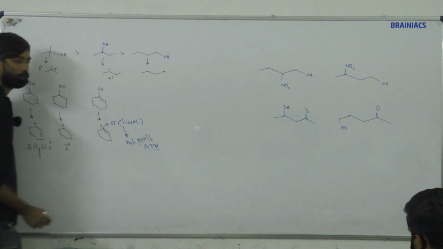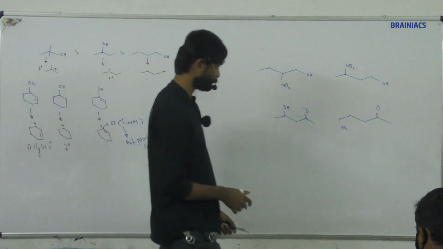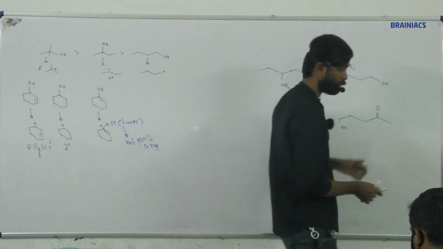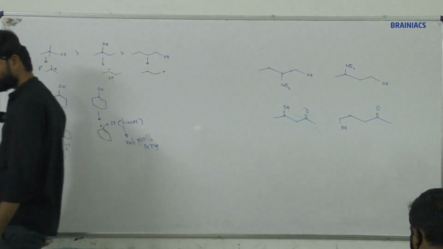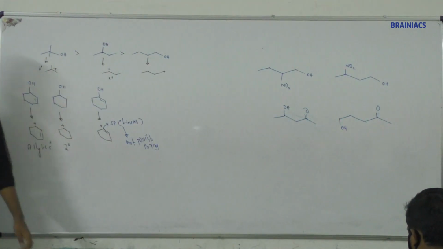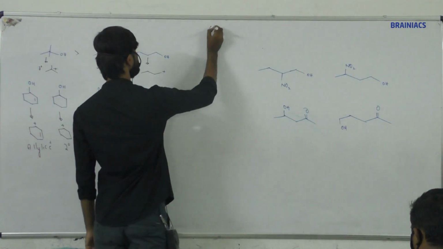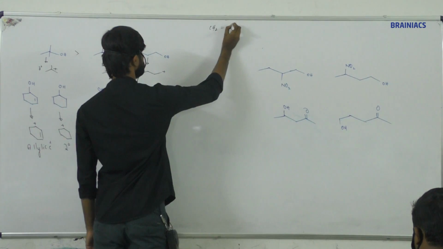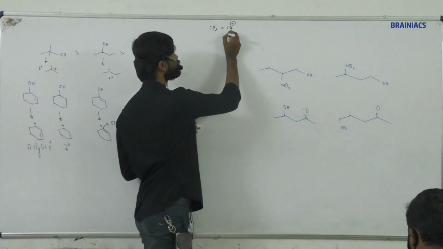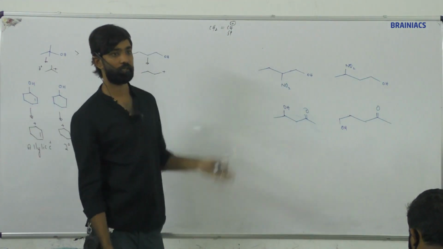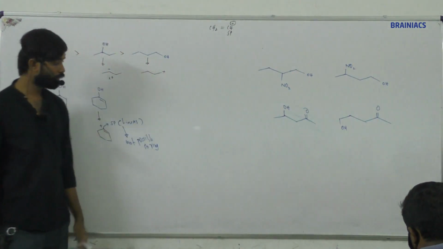The sp hybridization in a ring is not feasible. In an open chain it is possible: this carbocation has stability, even though it is sp, because it is acyclic. In an open chain it can exist as sp, but in a ring never.